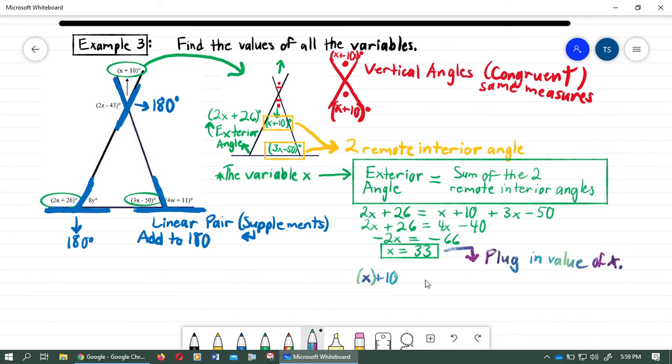That is 33 plus 10, which gives us one of those angle measurements as being 43 degrees.